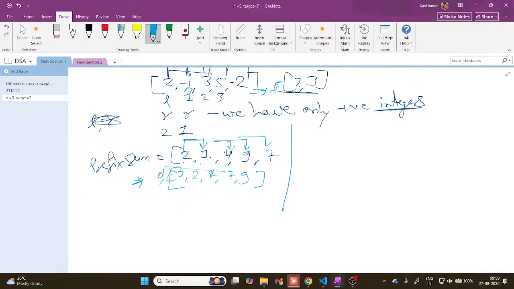So how many can we get? 7, 9 minus 1, 9 minus 2, 7, 5. No, this is not how we can get it. Then we can get between this.